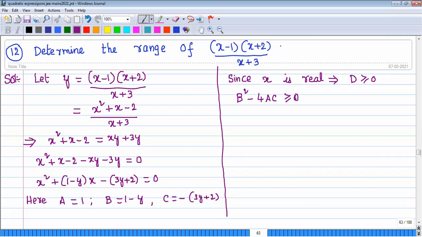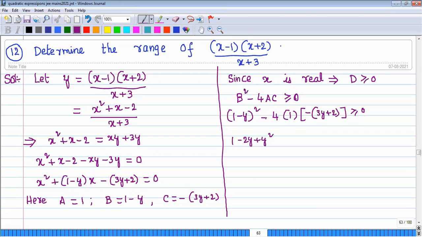So let us substitute. b square is (1 minus y) whole square, minus 4 times a is 1, c is negative of (3y plus 2), greater than or equal to 0. So (1 minus y) whole square is 1 minus 2y plus y square.